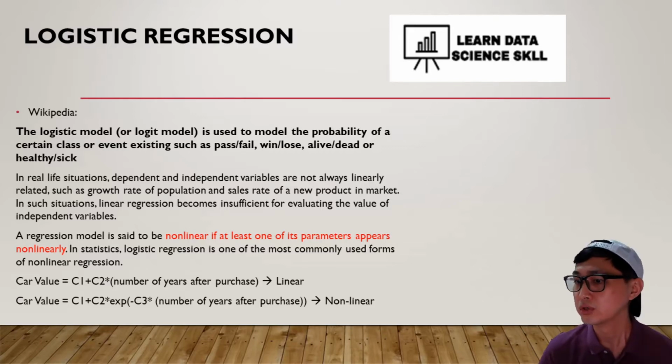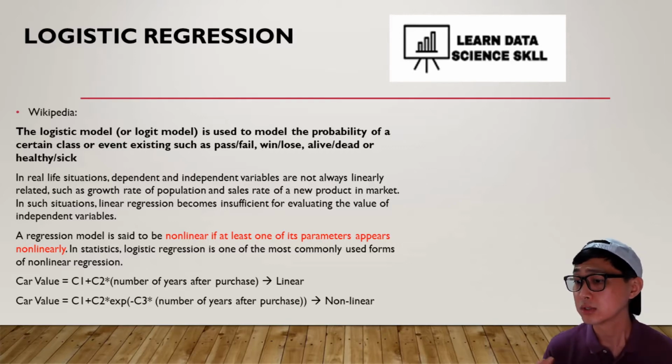So you just have to remember that logistic regression is a nonlinear model that will predict the outcome in terms of a binary outcome. In real life situations, dependent and independent variables are not always linearly related, for example the growth rate of a population in a country, or the sales rate of a new product in the market.